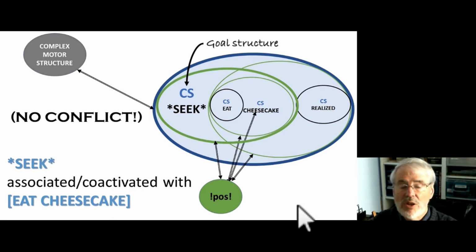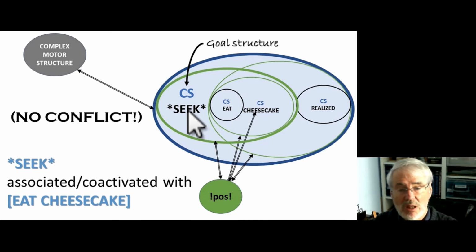And we can resolve the conflict in the following manner by invoking the closest we get to something like cognitive control, which is the invocation of an action meaning, which we could call a goal structure if you like. It's a conceptual structure, and it says seek, right?